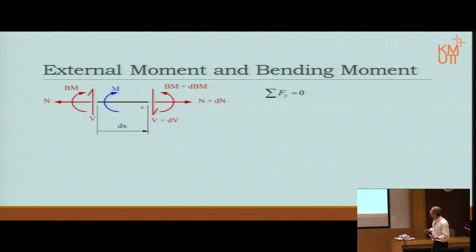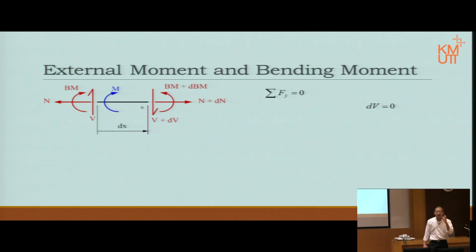So if we do sigma Fy, notice that then dV becomes 0. On the left hand side you have V positive. On the right hand side you have minus V minus dV, then V minus V becomes 0, and then minus dV equals 0. dV is 0. What does it actually mean?